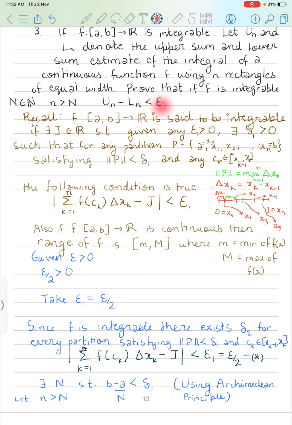Un minus ln is less than epsilon. We are given an epsilon, and we have to find a natural number N such that un minus ln is less than epsilon for n greater than this capital N. So now your epsilon is given.